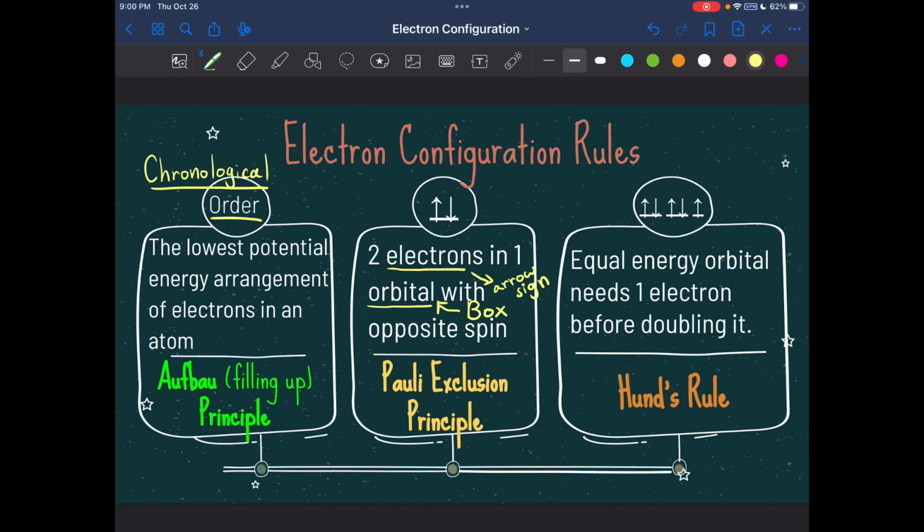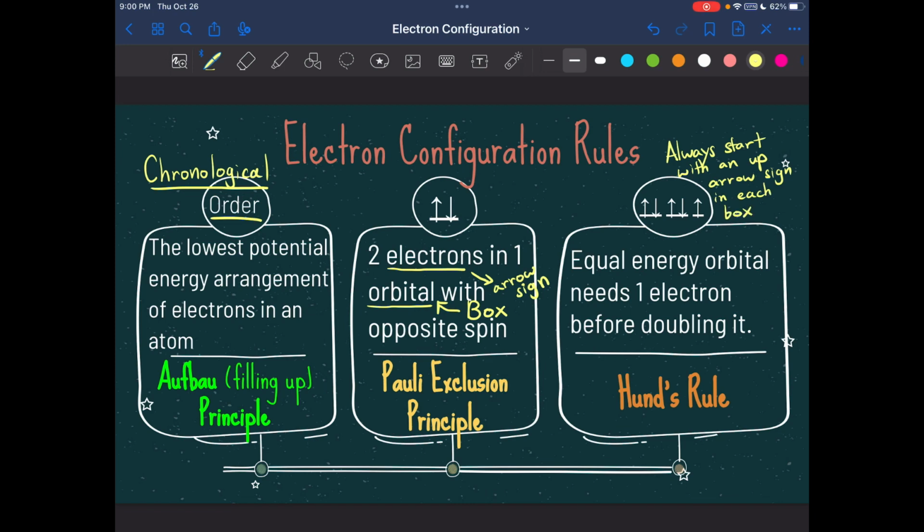The final rule is called Hund's rule. Equal energy orbitals need 1 electron before doubling up. I'll explain more about what it means, but it's basically saying always start with an up arrow sign in each box.